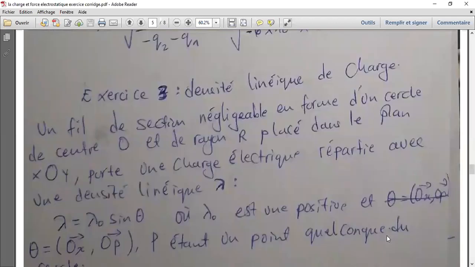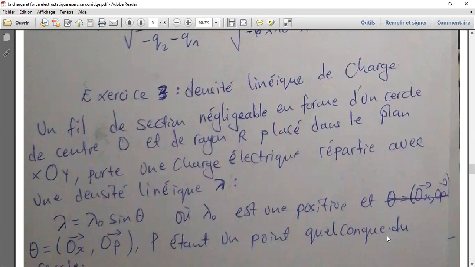As we already started, the question is: you have been given a string with negligible section, and note that we are in density linear, which means you use the formula lambda equal to dq over dl.